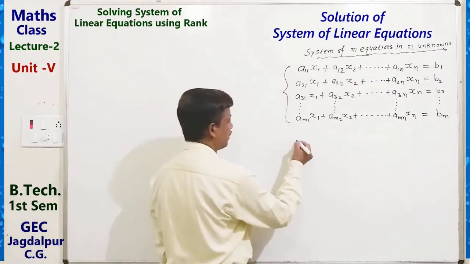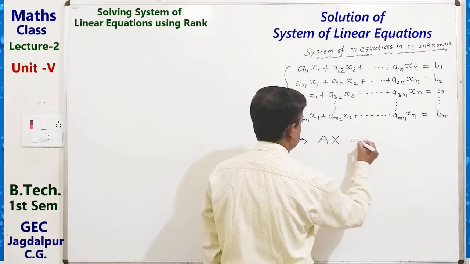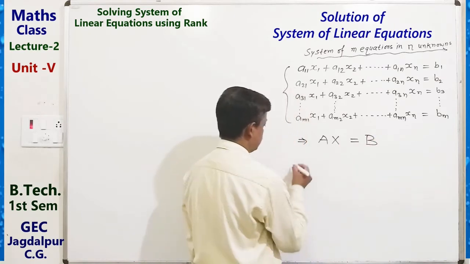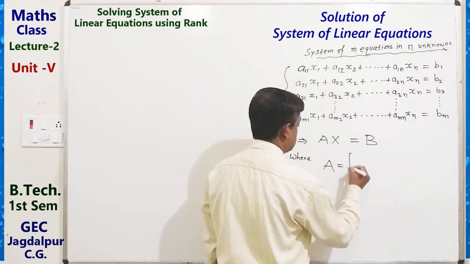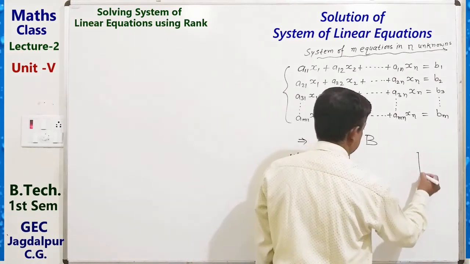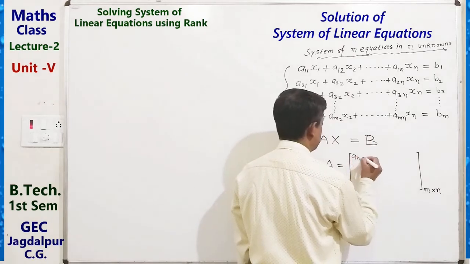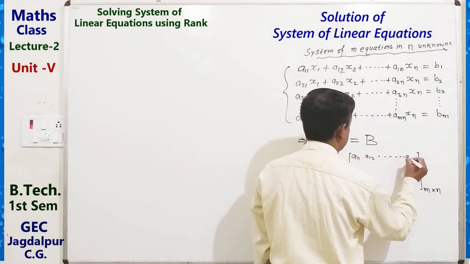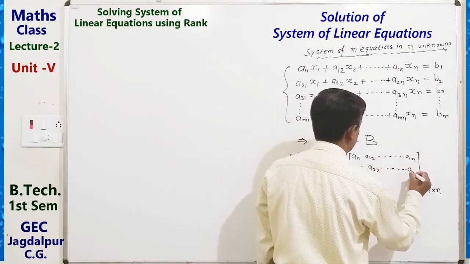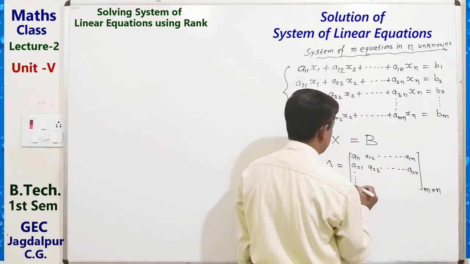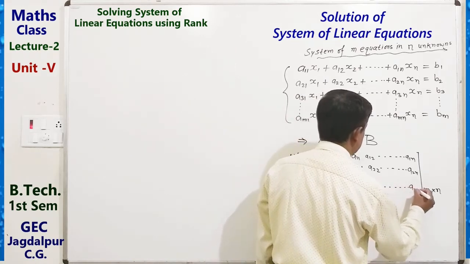It can be written in matrix form as Ax = B, where matrix A is the m by n matrix with rows a11, a12 up to a1n, a21, a22 up to a2n, and am1, am2 up to amn.